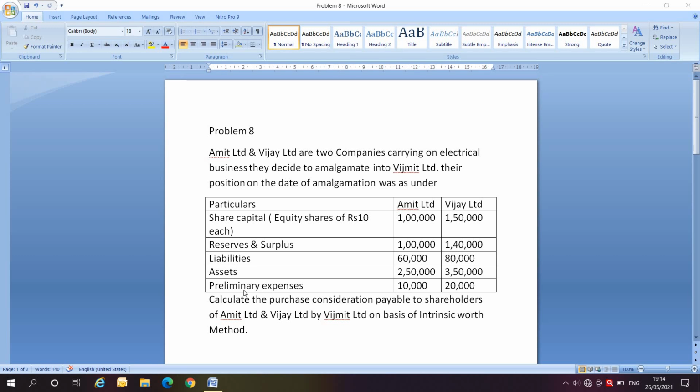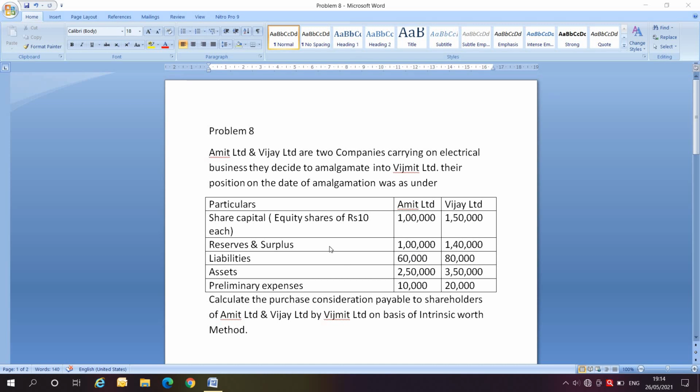Even preliminary expenses are to be excluded. We don't consider preliminary expenses while solving the problem. So first we take the assets, from that we subtract liabilities, and you will get the net assets.